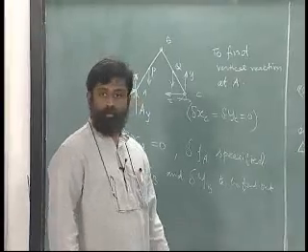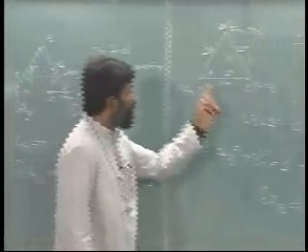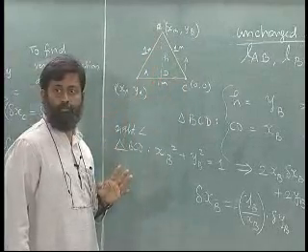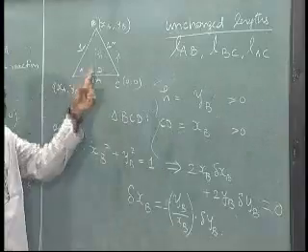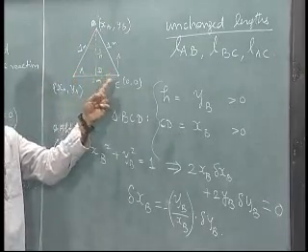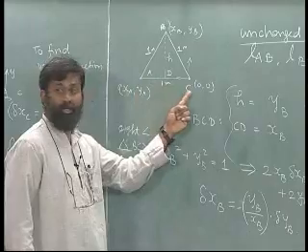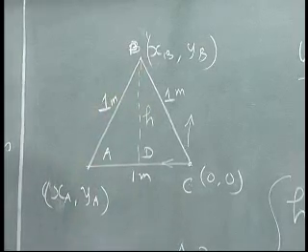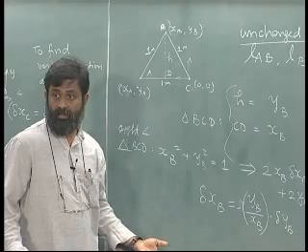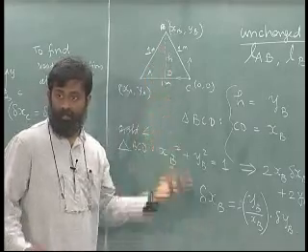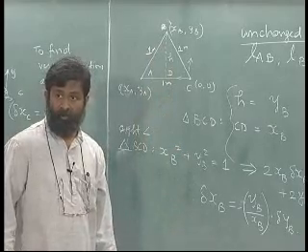That is simple. In this particular case, when I start from this configuration, I know the base is half of 1 meter, which is 0.5 meters, and the height is immediately root of 3 by 2.